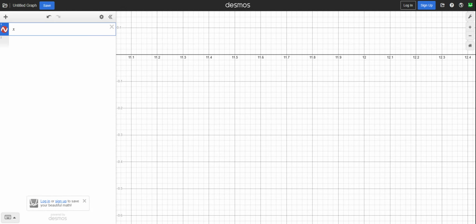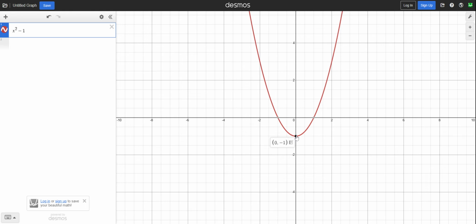X squared minus 1 shows it down here. Okay? And actually, I guess I don't really have to go to XYZ because I could show it to you in the regular way.